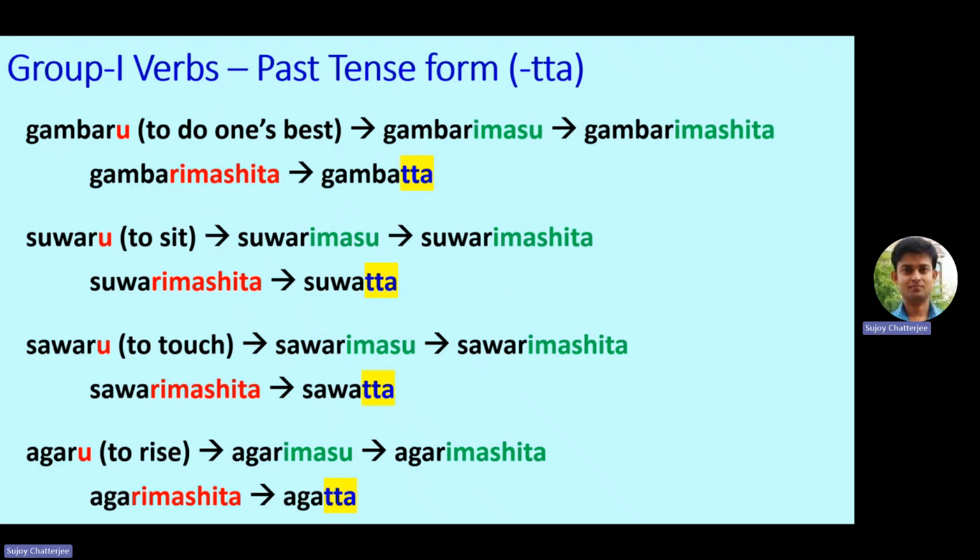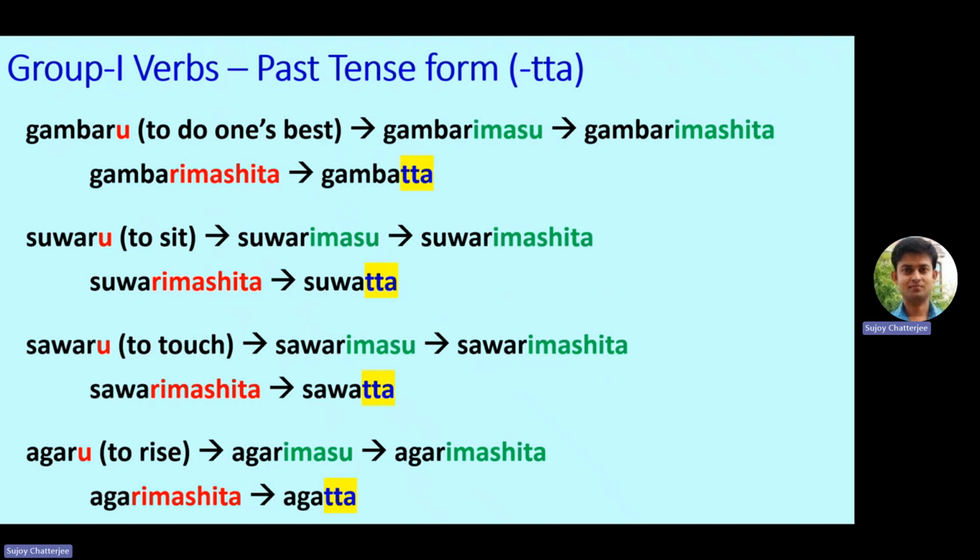And if we want to convert gambarimashita into its plain past form, then it becomes gambatta. So you have to remove the entire rimashita and add tta, gambatta. Similarly, suwaru becomes suwatta, sawaru becomes sawatta, agaru becomes agatta.